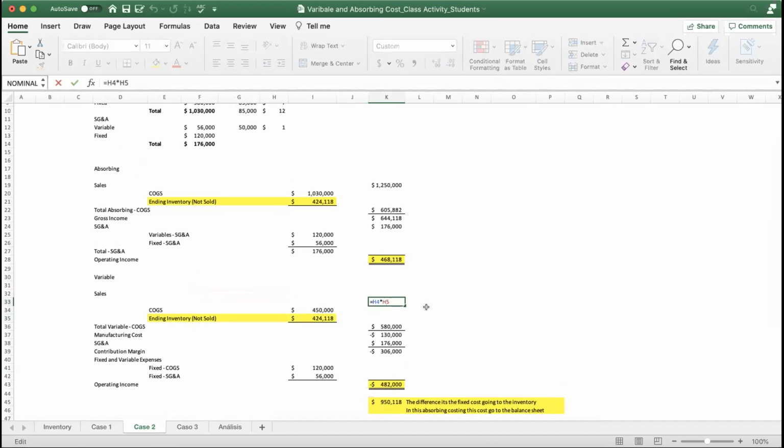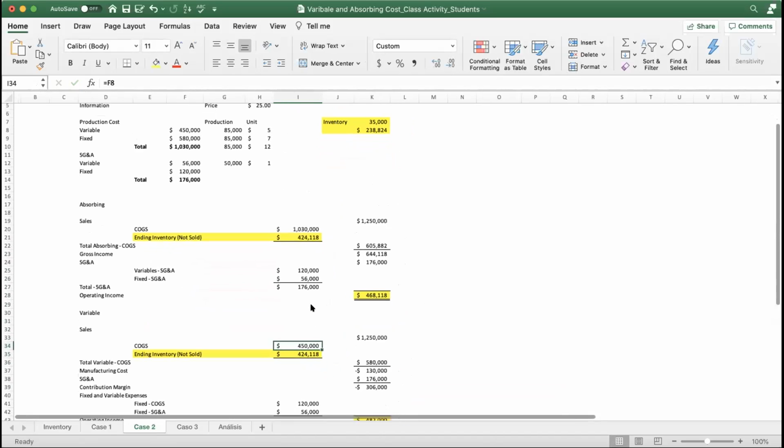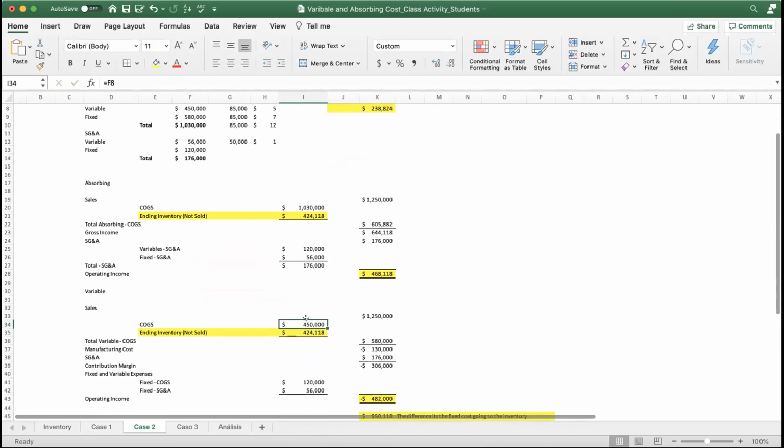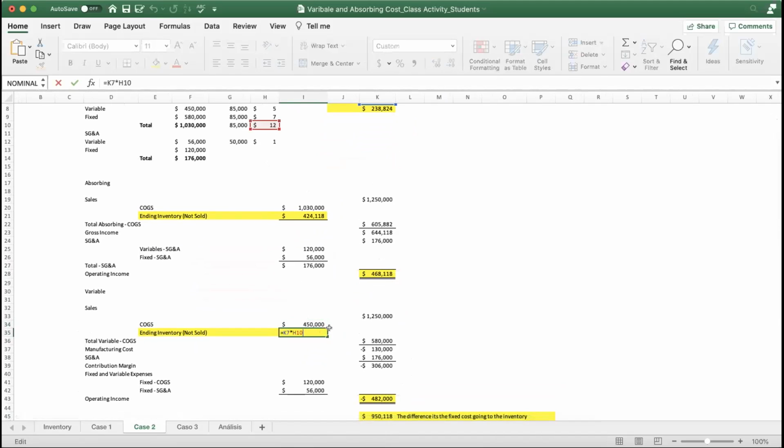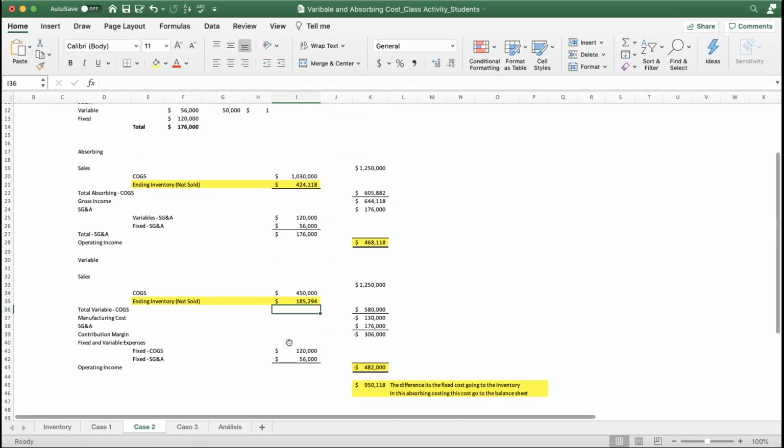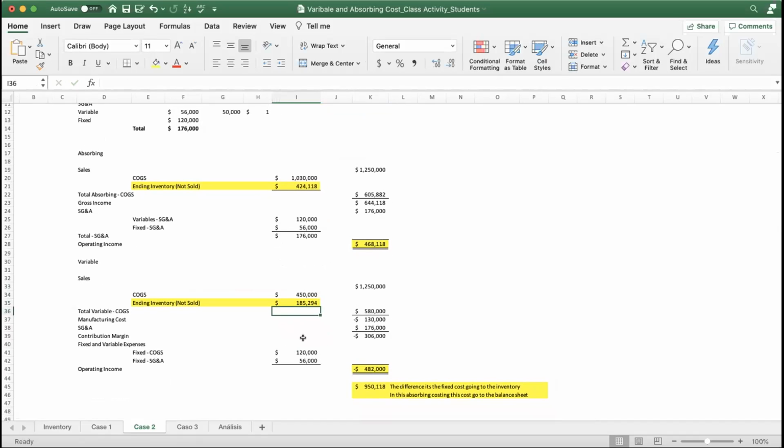The cell you were standing was the ending inventory cell. Exactly. Now we're moving somewhere.